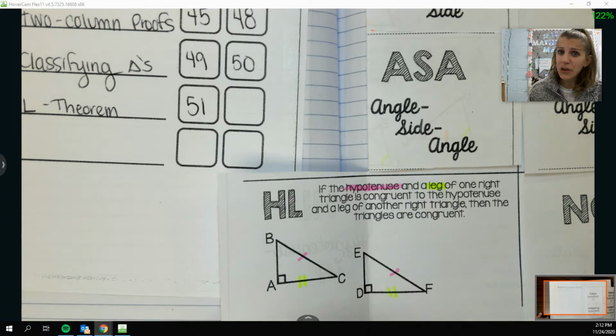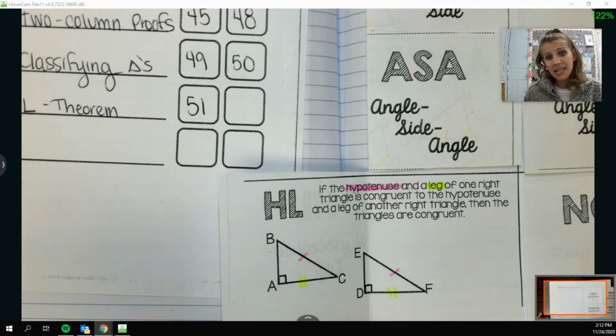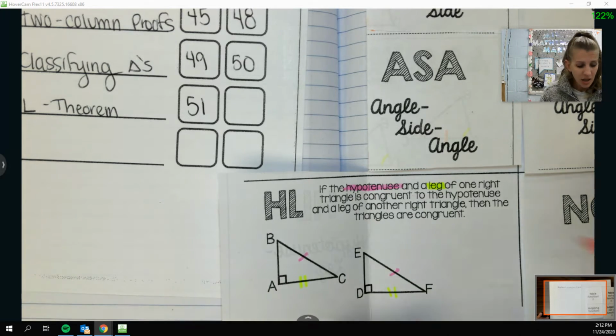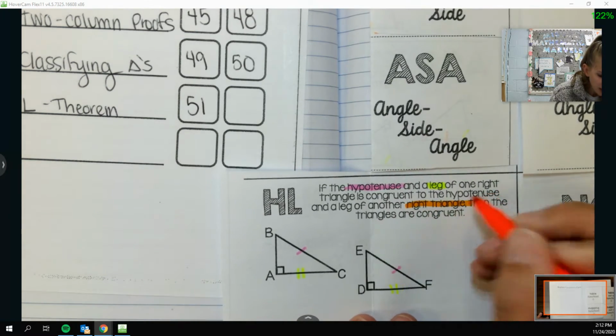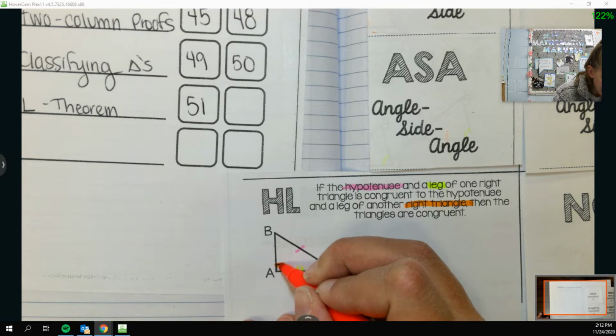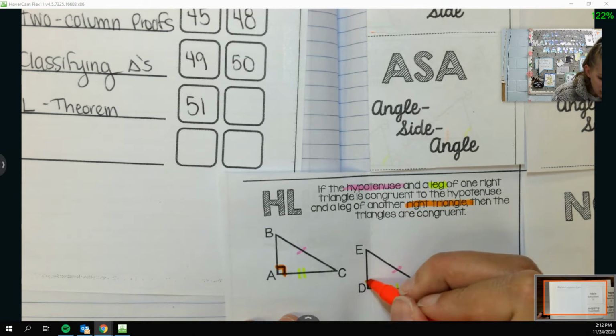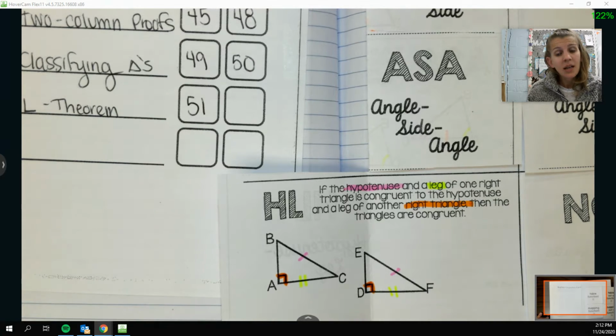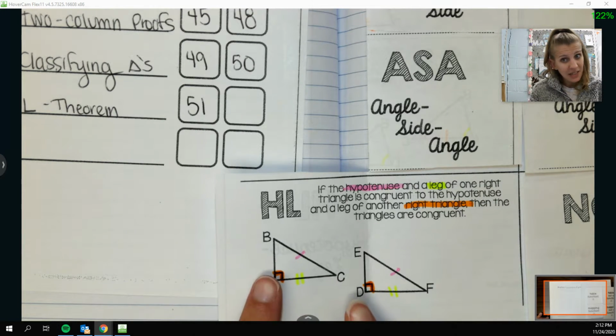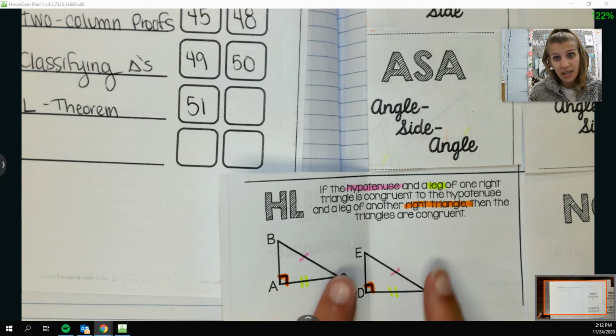And the third thing that's kind of unspoken is that it has to be a right triangle, which I guess is not really unspoken because if you have a hypotenuse, it's got to be a right triangle. So the last thing that we have is that I have this right angle making me a right triangle.